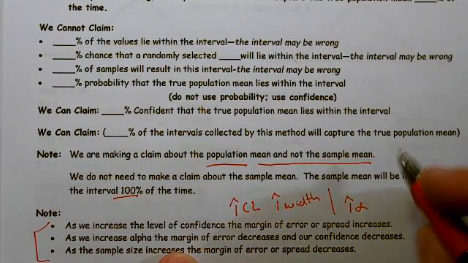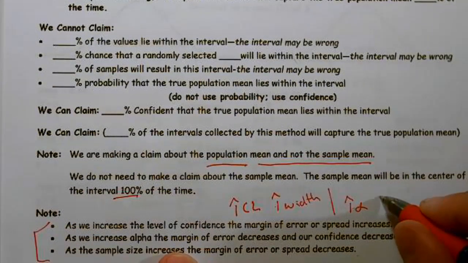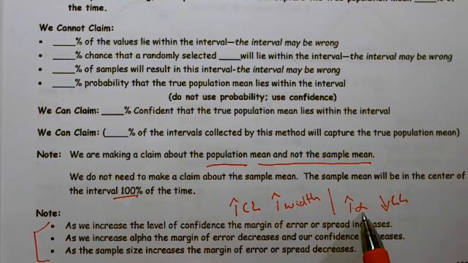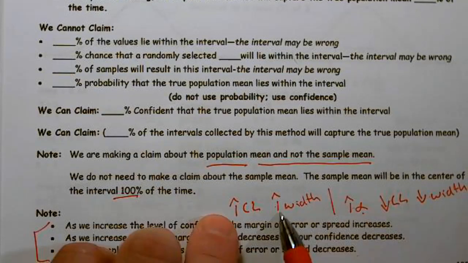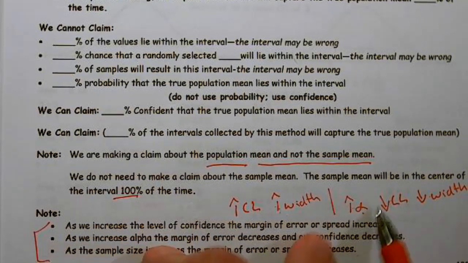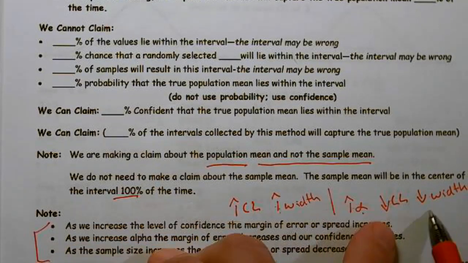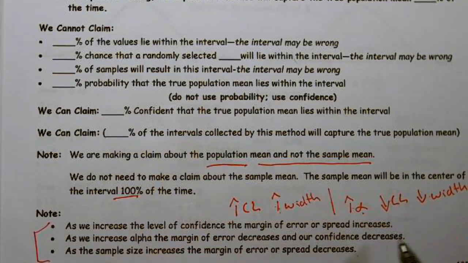All right. As we increase alpha, our confidence level decreases, and the interval width goes with it as well, because confidence level and width go together. So as we increase alpha, the confidence level goes down and the width goes down.